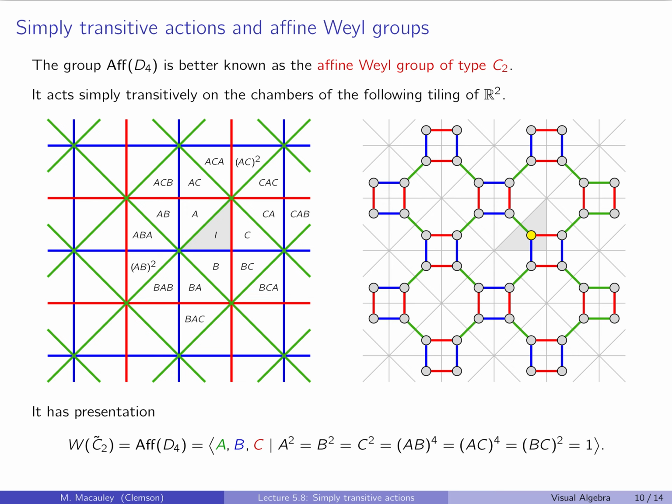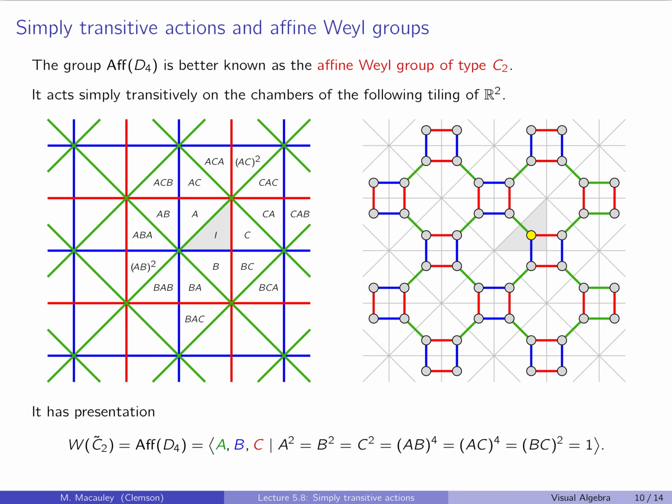The affine version of D4 is better known as the affine Weyl group of type C2. C comes from the fact that you have this type of triangle as a fundamental chamber, and this group acts simply transitively on the chambers of this tiling of R2. So here are the chambers, and here is a Cayley graph and a presentation.